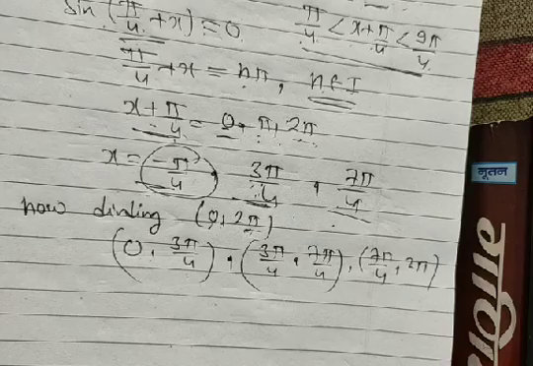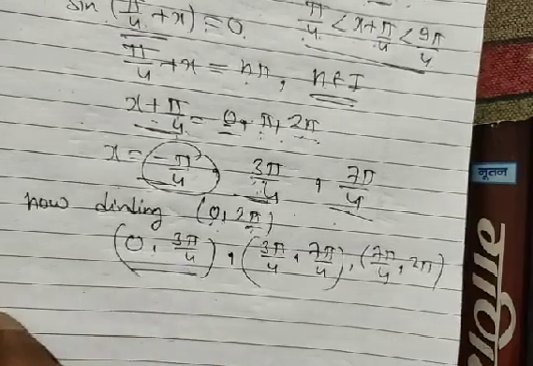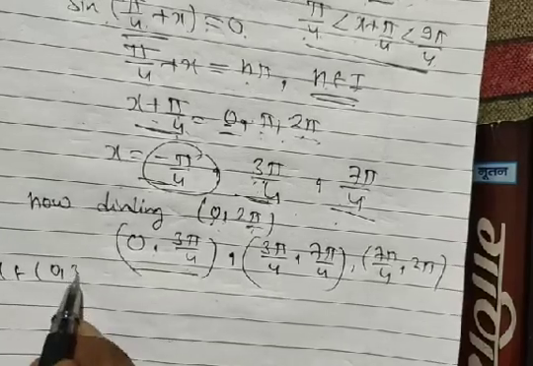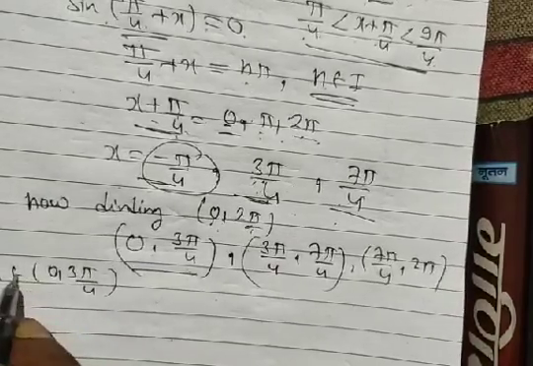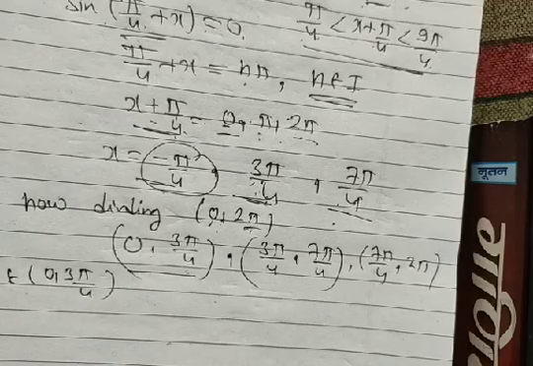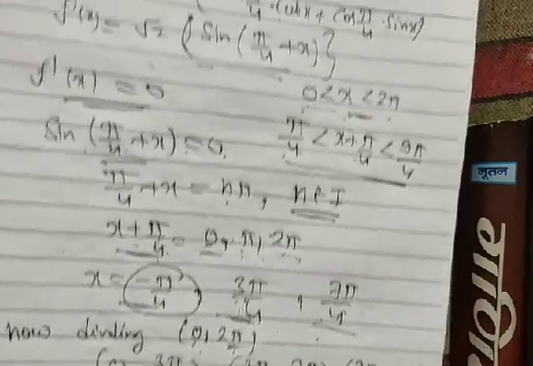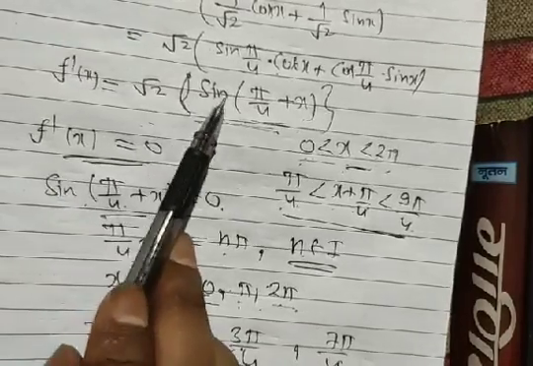Now we are going to check our sign in these intervals. When our x belongs to 0 to 3 pi by 4, what will be our sign? When our x lies between this, our derivative is sine of pi by 4 plus x.